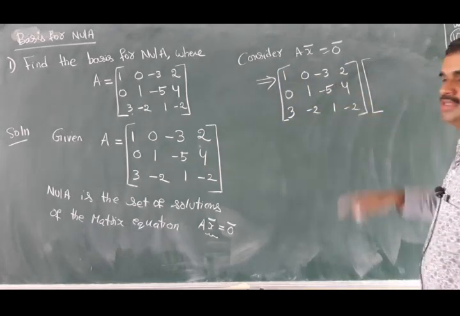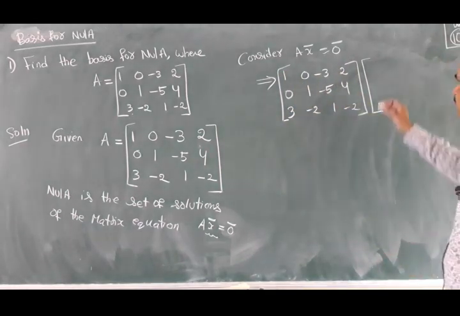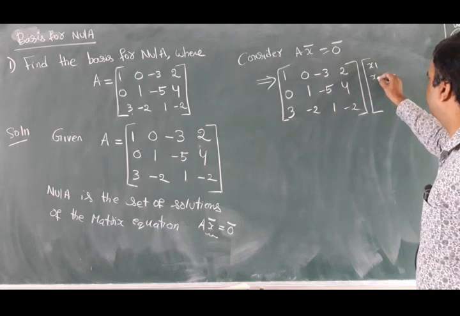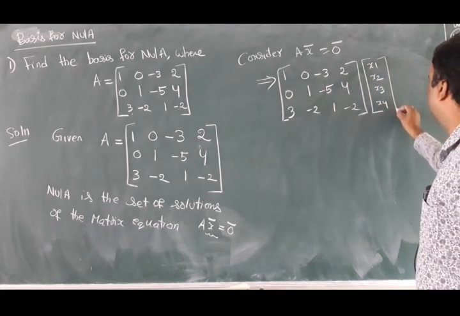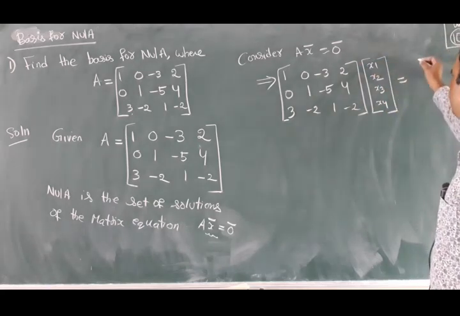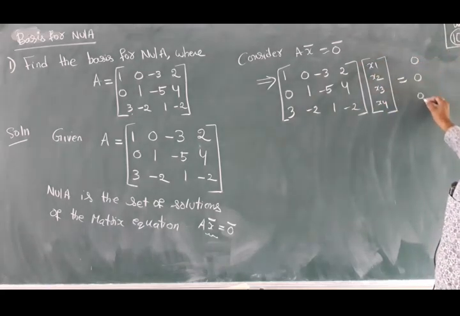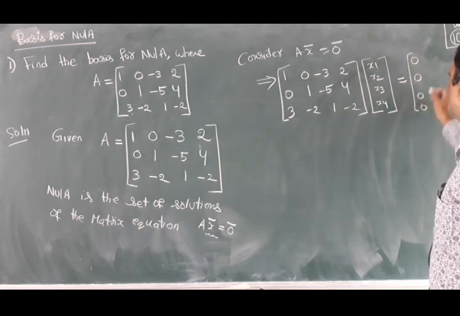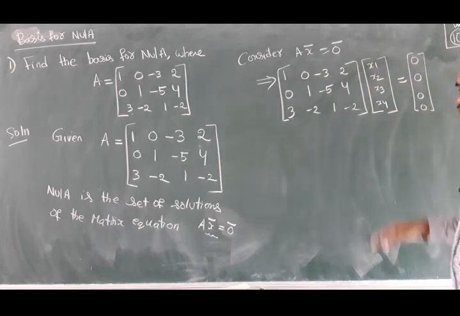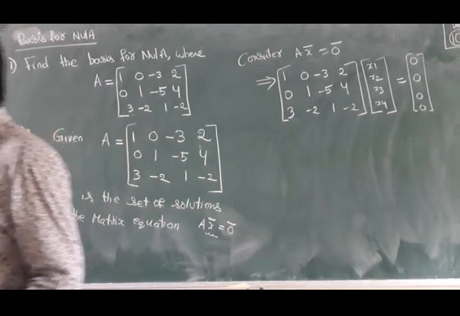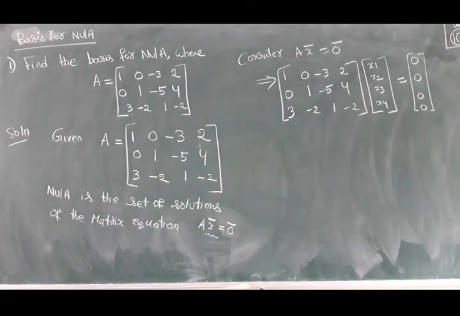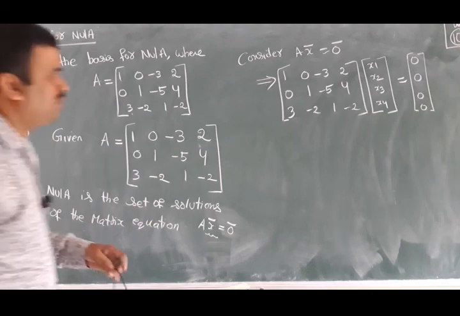Here we have 4 columns, so obviously 4 variables will come: x1, x2, x3, x4, equal to the zero column vector, 0, 0, 0. Now we have to find this column vector x1, x2, x3, x4. For this I will consider an augmented matrix and solve it so that I get the x1, x2, x3, x4 values.